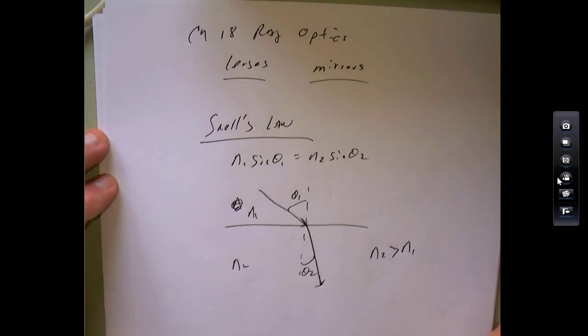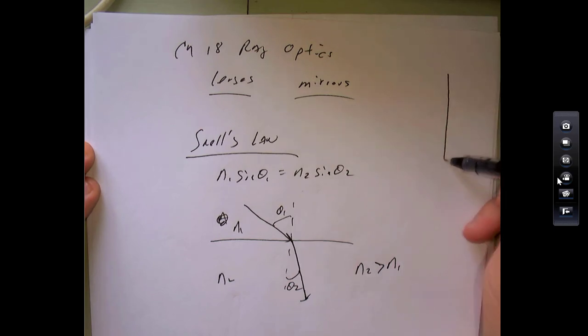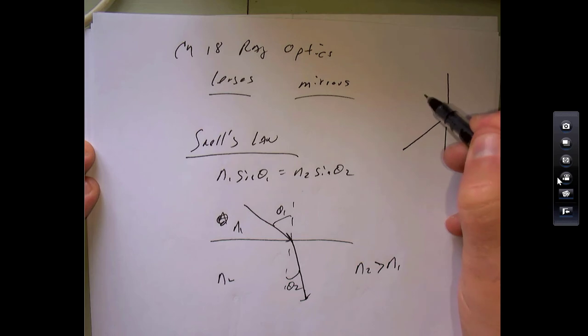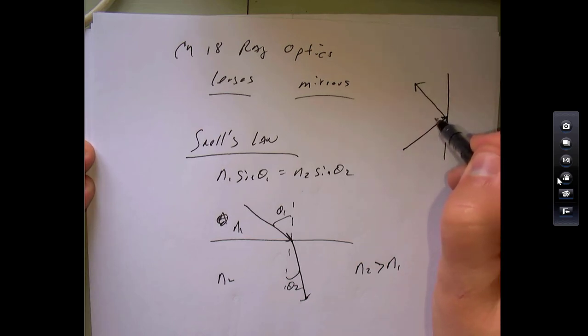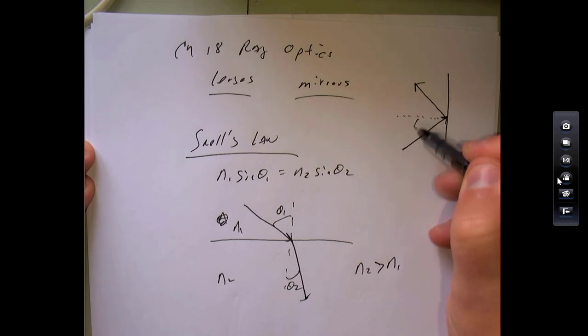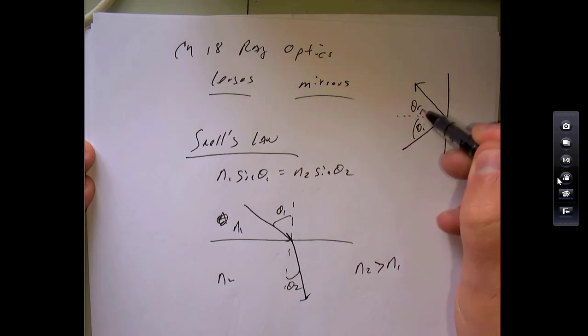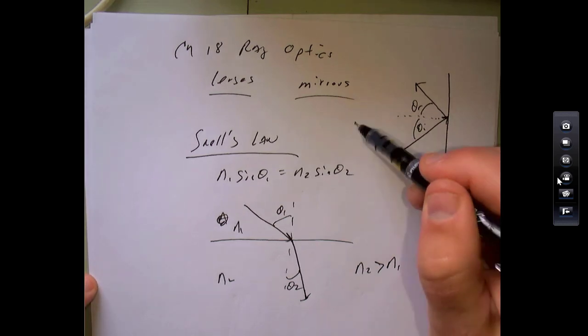I guess I should say, I didn't really say anything about reflection yet. Reflection is this. Light comes in, hits here, goes this way. All these angles are measured from the normal. So this is the incident angle, this is the reflected angle. Those are actually equal to each other. So you could use geometry to solve a lot of these reflection problems.